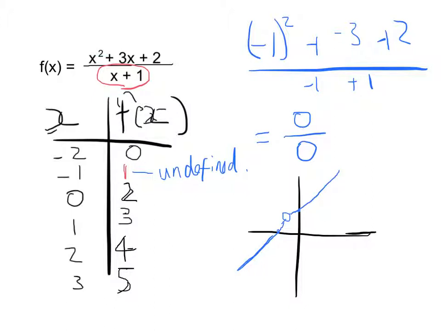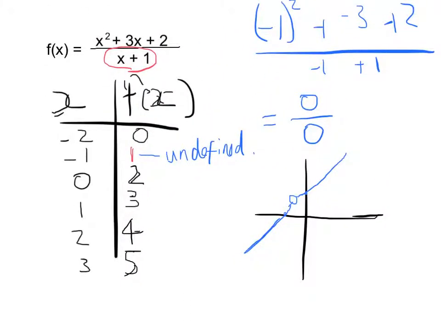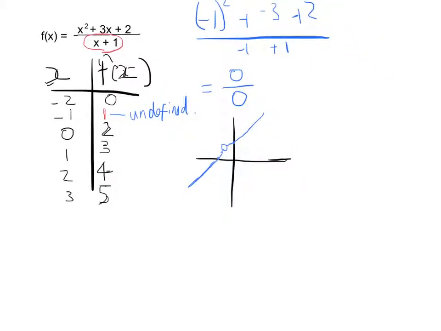However, we can say what happens when x gets really, really close to -1. So what if x was, for example, -0.99999. Well, let's have a look.